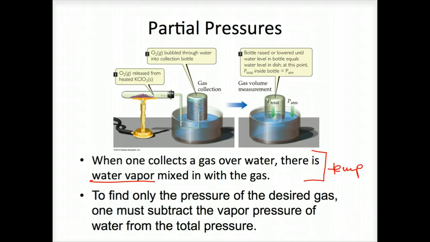So you know the temperature of your water, you know the pressure contributed by your water. Because this total pressure here, as long as my water level inside this container is equal to the water level on the outside, that means the pressure inside is equal to the atmospheric pressure. My total pressure is therefore a result of whatever gas I collected and water vapor.